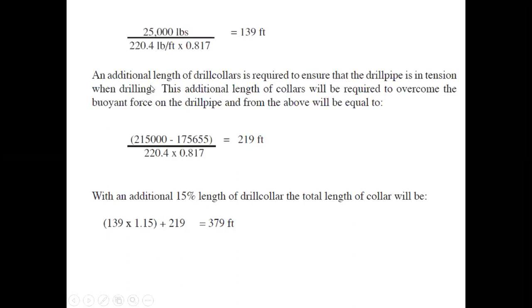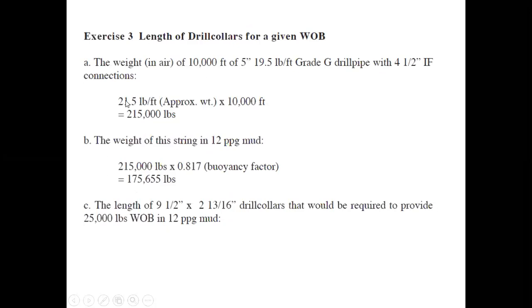Now, in order to ensure the drill pipe is in tension while drilling, we have to have some safety factor for that. Some additional length of collars will be required to overcome the buoyant forces of the drill pipe from above. So in order to consider the additional section of drill pipe, we need 250,000, 215,000 of drill pipe.